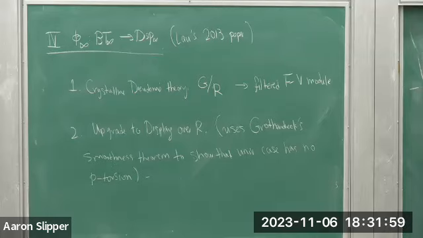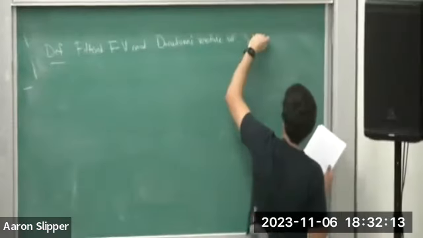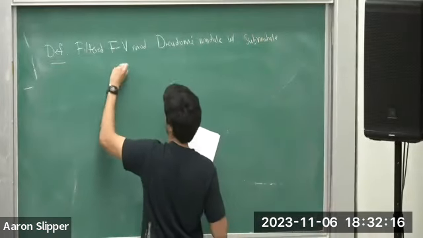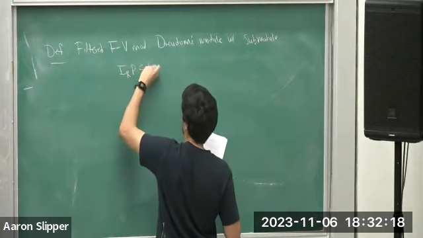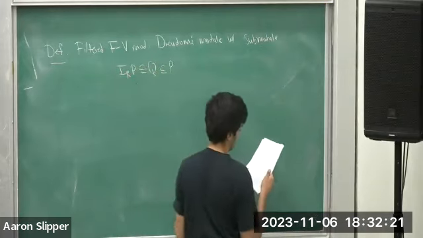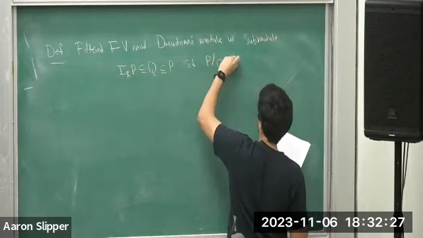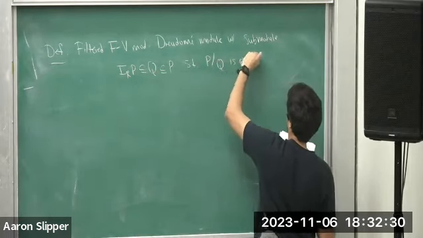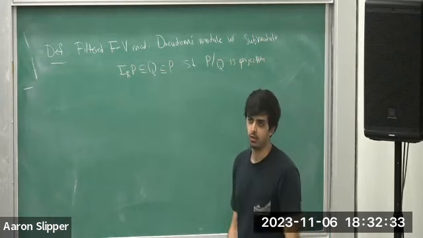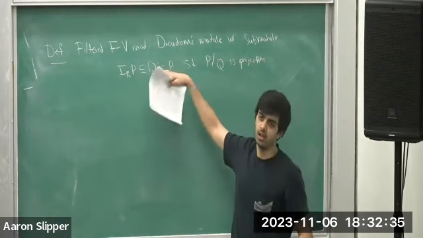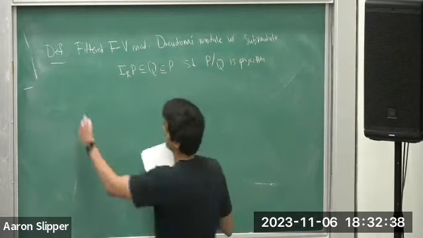So the Dieudonné module is just a weakening of the notion of display where this Q doesn't interact with F or V at all.